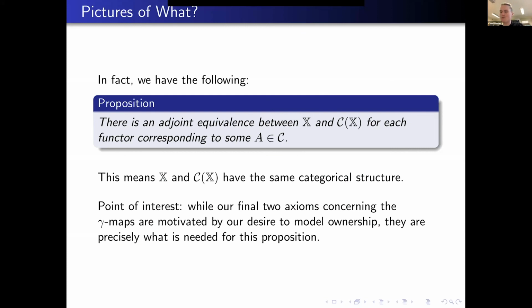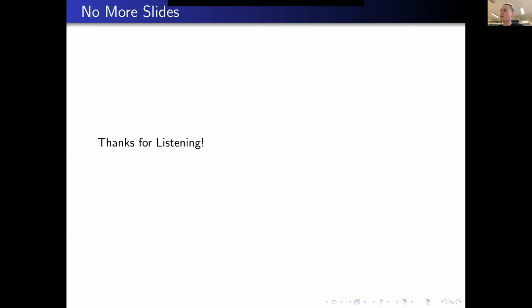And the point of this is that we know we haven't made a mistake in adding ownership. We know that we haven't accidentally destroyed or created any of the categorical structure. It's the same thing structurally, but with colors, which is nice to know. It's good. And that's all I wanted to say.